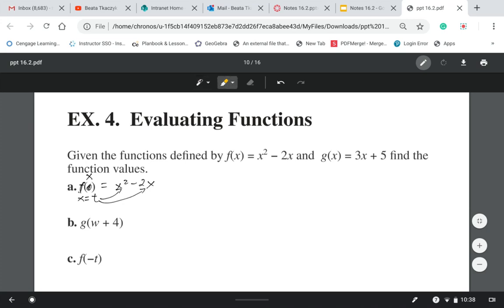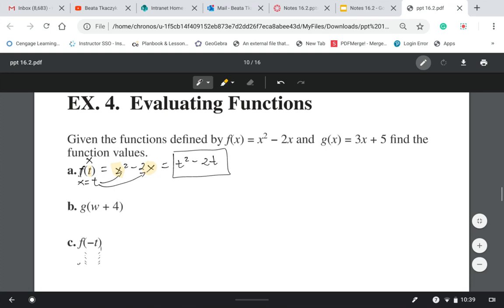Okay, so we're replacing x with the expression which you always have inside of the parenthesis, which in this case is t. So we will end up with t squared minus 2t, and that's it. That's going to be the answer. Okay, so it's not really specific coordinates which we can plug in on the graph. It's just the expression, but we're doing the same type of work.